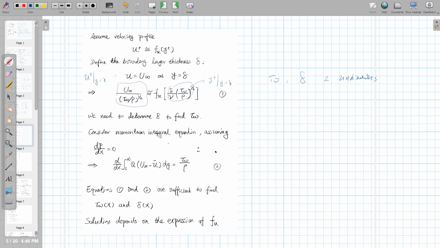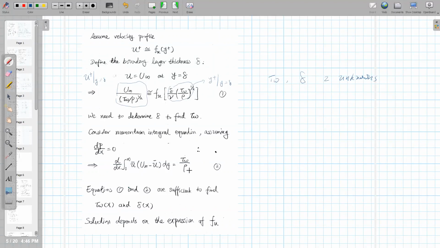One way to do this is to consider a momentum integral equation. Remember that the momentum integral equation can be related to tau w over rho. You can get this equation in our chapter 2 lecture notes. And also assume that there is no pressure gradient, to make things simple.